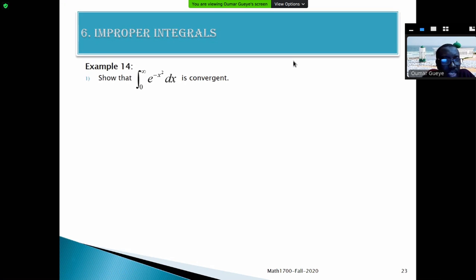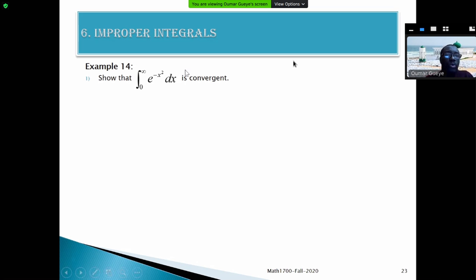We want to integrate from 0 to positive infinity e to the power negative x squared dx. This integral is in fact complicated because we don't know the antiderivative of e to the power negative x squared. So be careful, don't say it's equal to the same function.